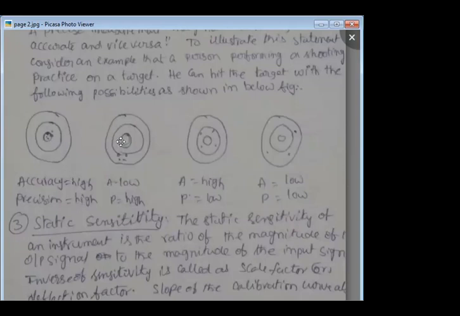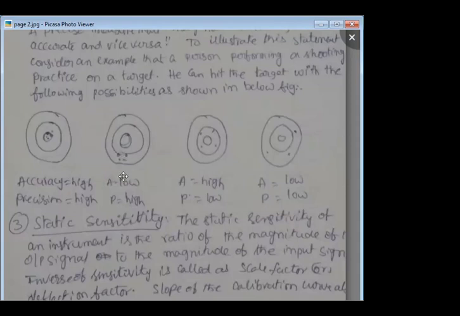Coming to the next case, here the bullets hit the outer circles, so the accuracy is deviated. Accuracy means we have to hit at this position; then we can say it is an accurate point. All the bullets are shot at the outer circles, but they are very near to each other.